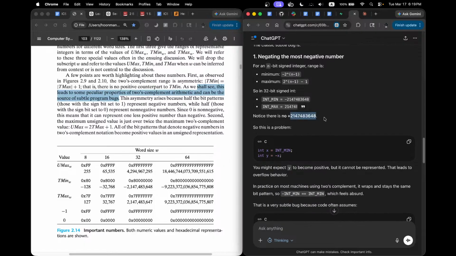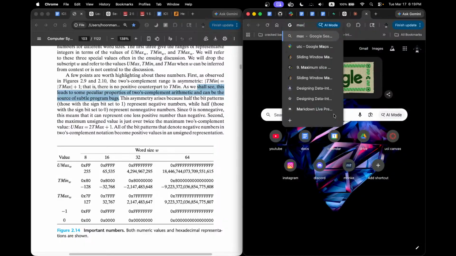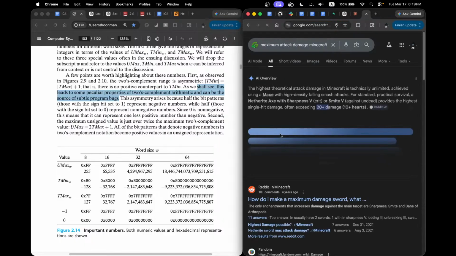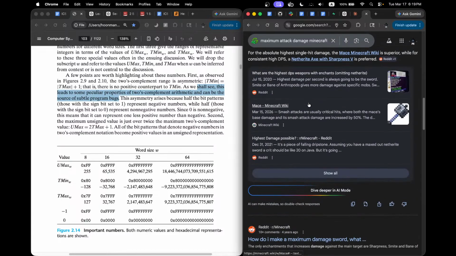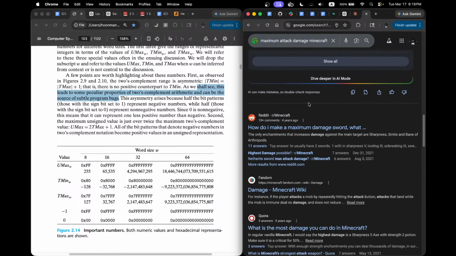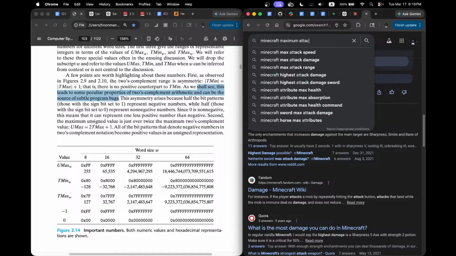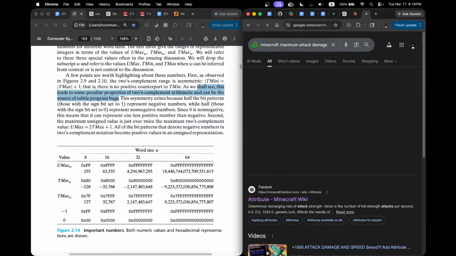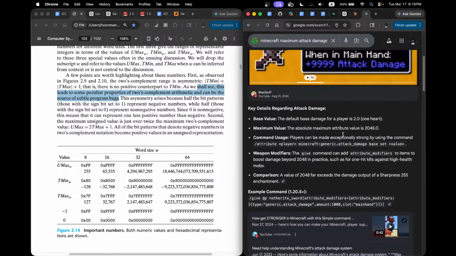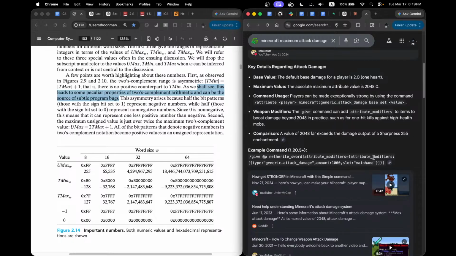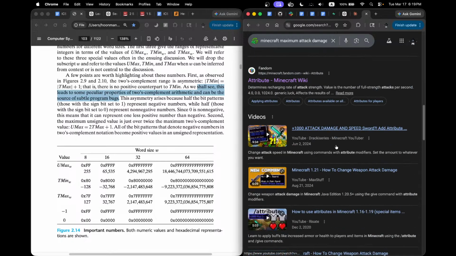Notice there's no... Oh my god. Is this maximum attack damage? Wait, no. Minecraft. Attribute. It's an attribute. Generic attack damage. I thought it was like 2 million.